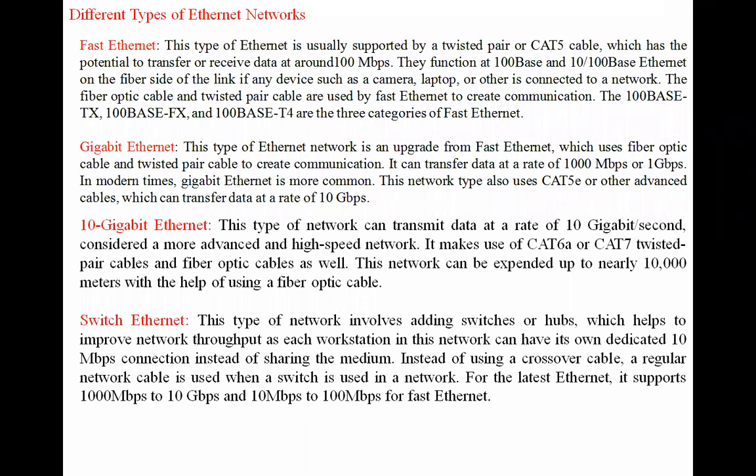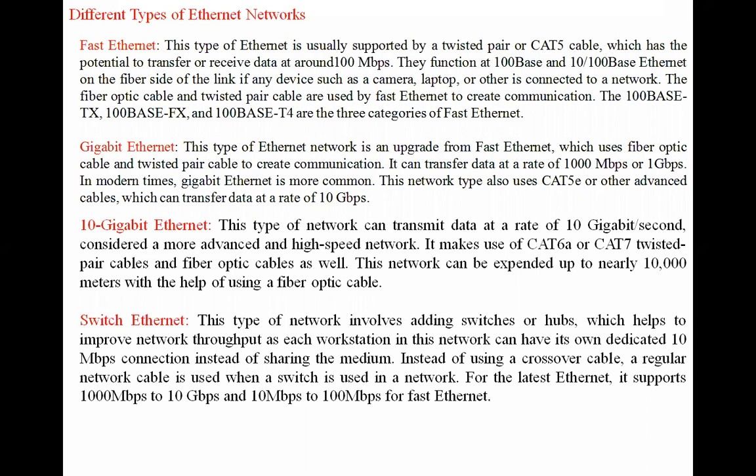And the next type of this Ethernet network is 10 Gigabit. Same explanation, but he has mentioned 10 gigabits per second. Nothing but what? 10,000. It becomes 10,000 Mbps. So in a fraction of a second, your data has reached the particular destination.